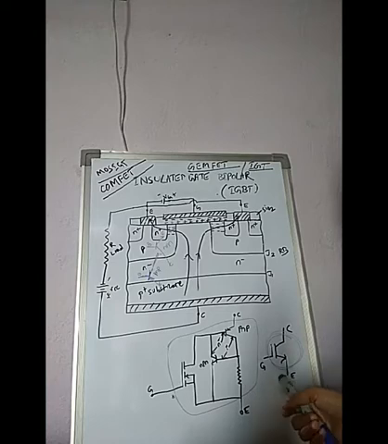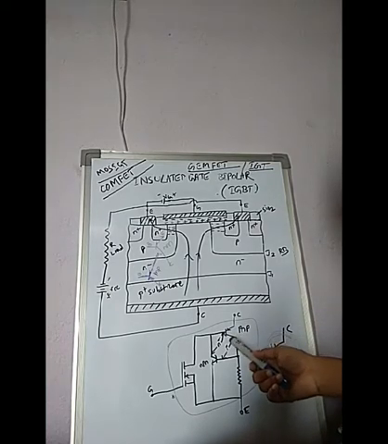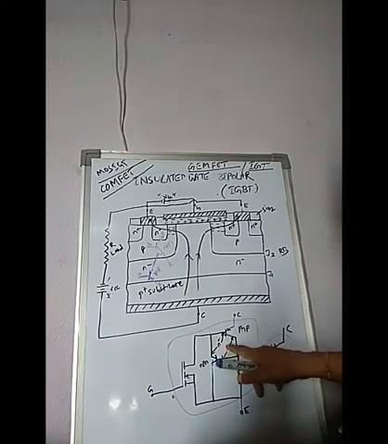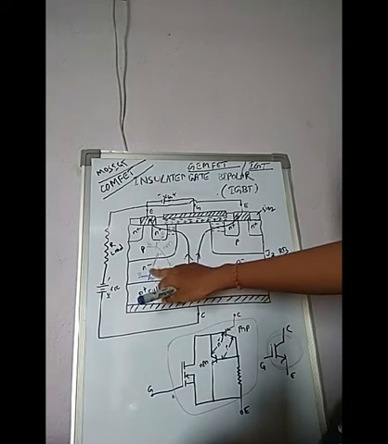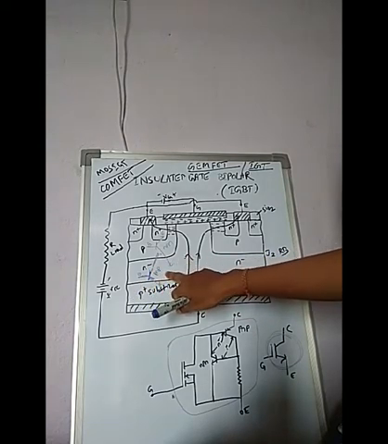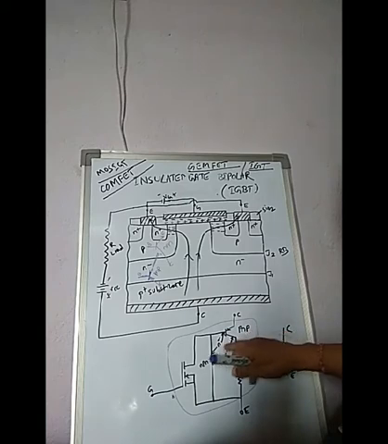Another thing you see is that this N minus region serves as base for the PNP and collector for the NPN. So this N minus serves as base for PNP and collector for NPN transistor.